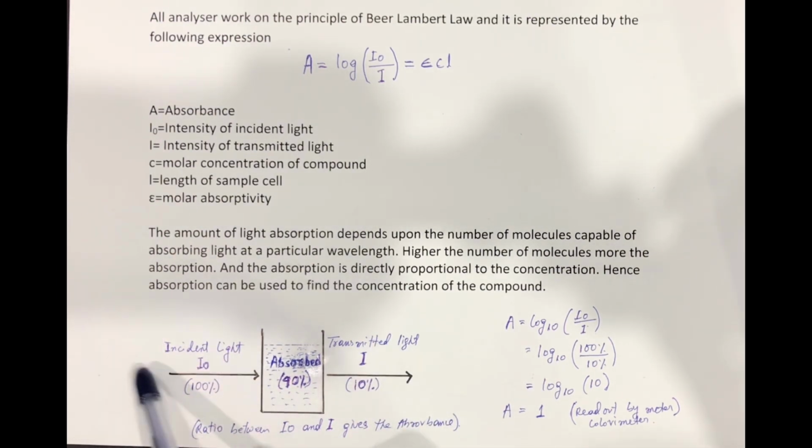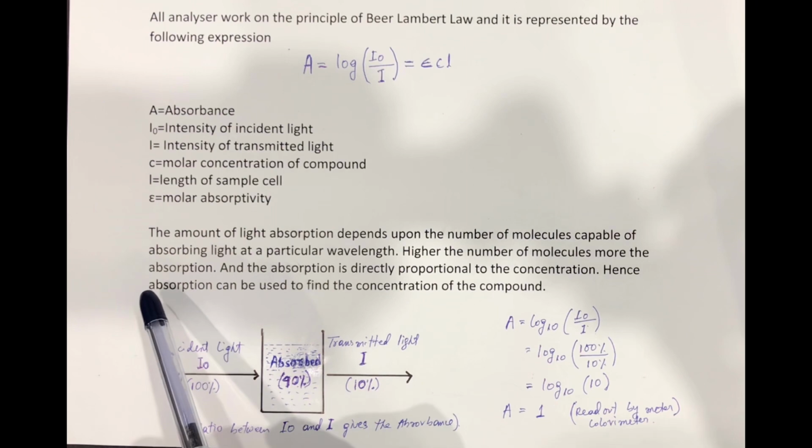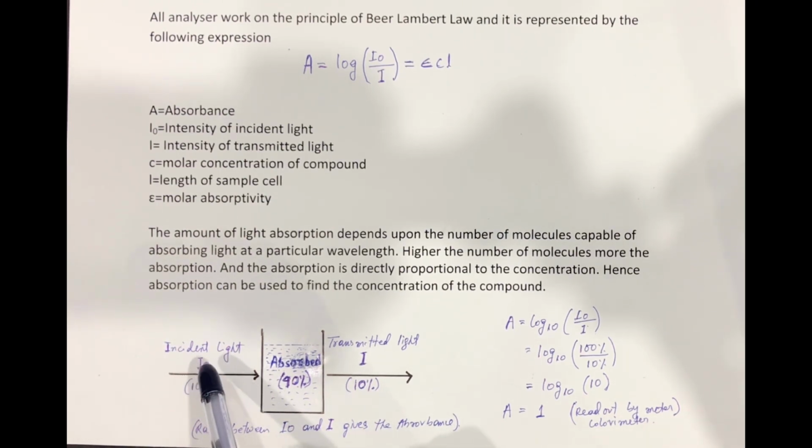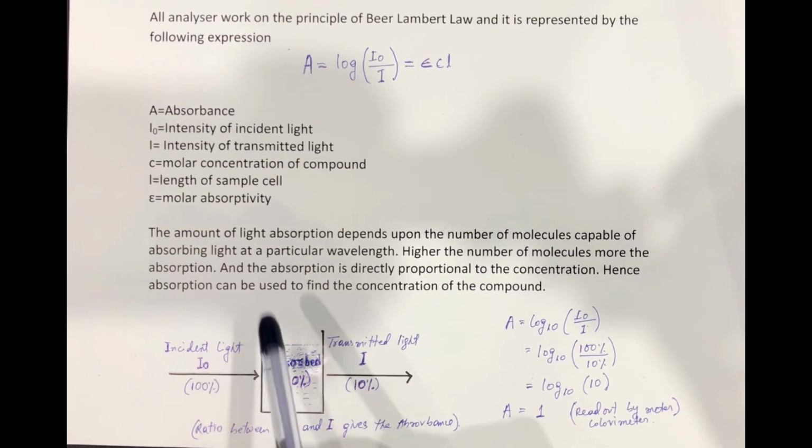The light coming from the light source is filtered by the filter. This incident light coming from the filter is of a particular wavelength. This light is absorbed by the sample.